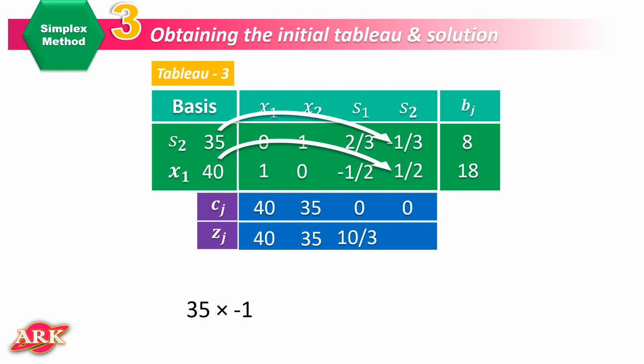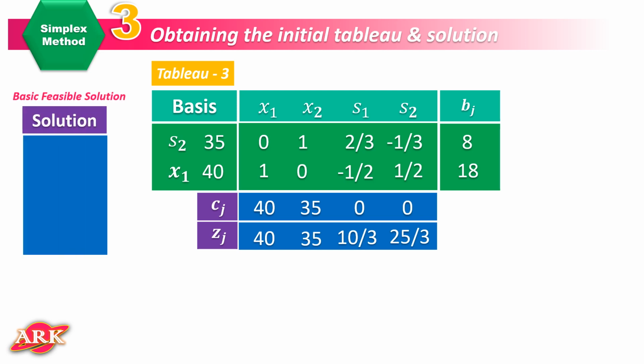And 35 into minus 1 by 3 plus 40 into 1 by 2 gives us 25 by 3. Now the basic feasible solution is like this. X1 is equal to 18 products, X2 is equal to 8 products, and there is no slack unused. That means we have produced 18 products of X1 and 8 products of X2 without having any unused resource.